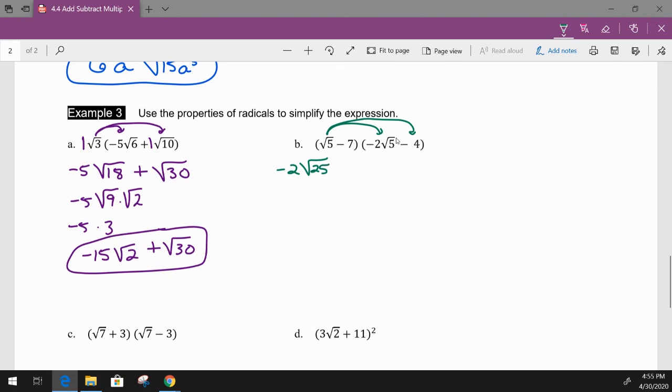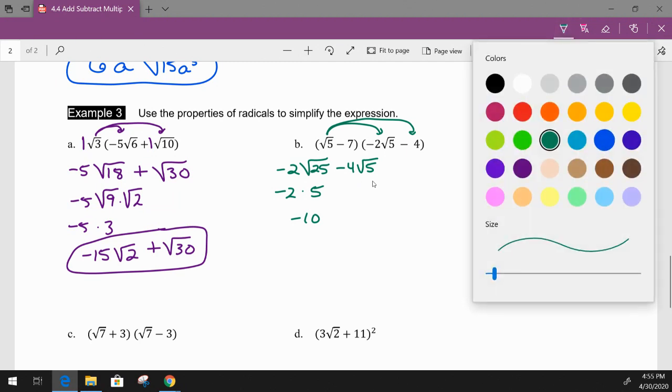Well, the square root of 5 times square root of 5, which is square root of 25, becomes 5, because that's a perfect square, which then gives you -10. If I multiply the square root of 5 times -4, I get -4 square roots of 5. That cannot be simplified.